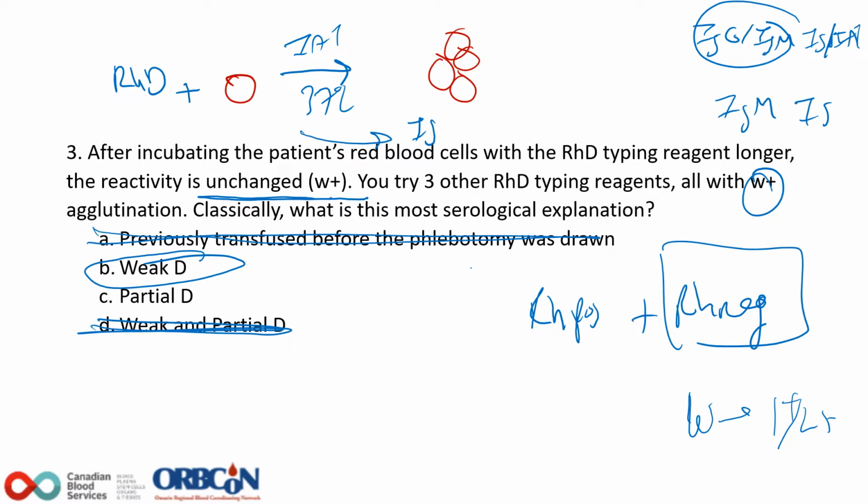Now, for those of you that know about weak D, you're probably yelling at your screen right now because most weak Ds, when you incubate them longer, go from weak to 1, 2 plus, sometimes 3 or 4 plus if you're really lucky, which is very uncommon. But in this case, I made sure it didn't change. There's a reason for that, and we're going to talk about that on the next slide.